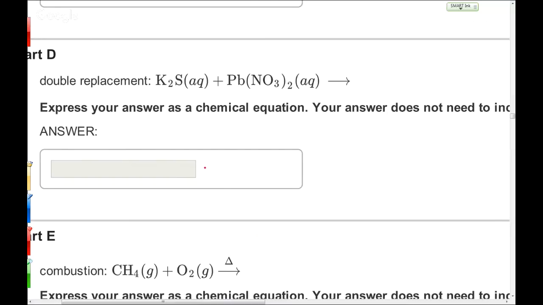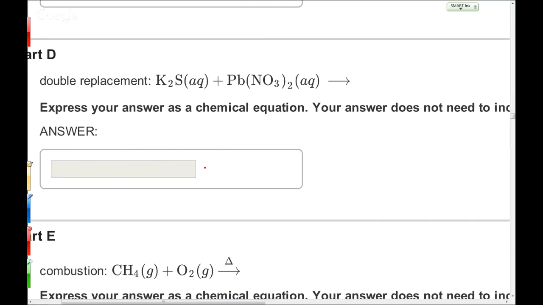Now, what do you have to watch out for when you do that? Always watch out for the charges. You have to readjust the ratios of the cations and anions in each new compound because they might not fit.